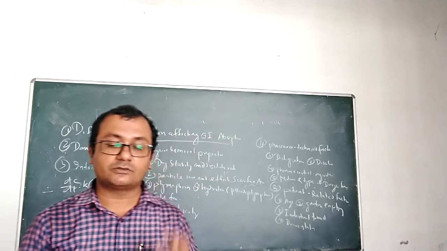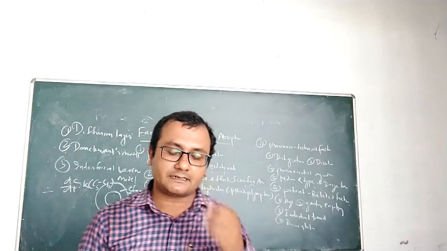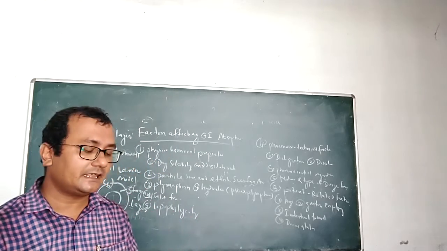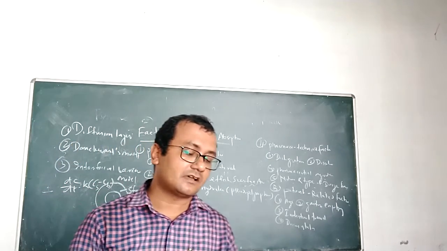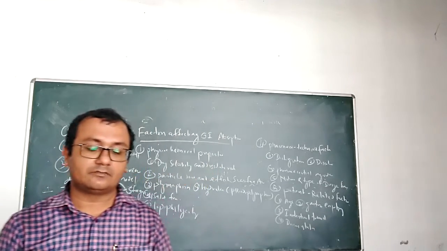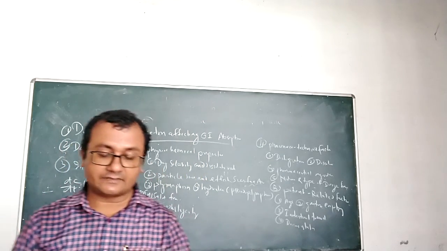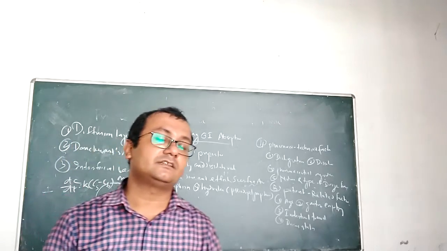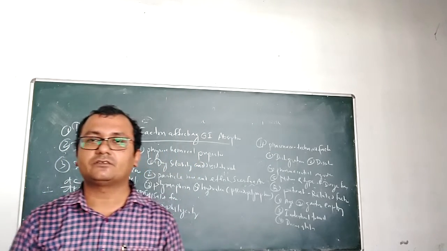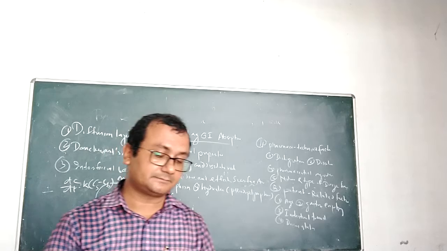Like that, we also use different suspending agents and viscosity imparters, which also affect the dissolution. We also use surfactants, different types of buffers, and complexing agents. These agents also affect the dissolution of drugs.